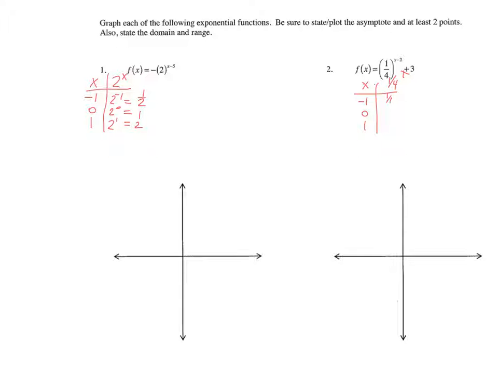So 1/4 raised to the -1 power, that's going to equal 4, the reciprocal of that. 1/4 raised to the 0 power is always going to equal 1, and 1/4 raised to the first power will equal 1/4, the value itself. Now, we would transform those points according to the transformations as well.